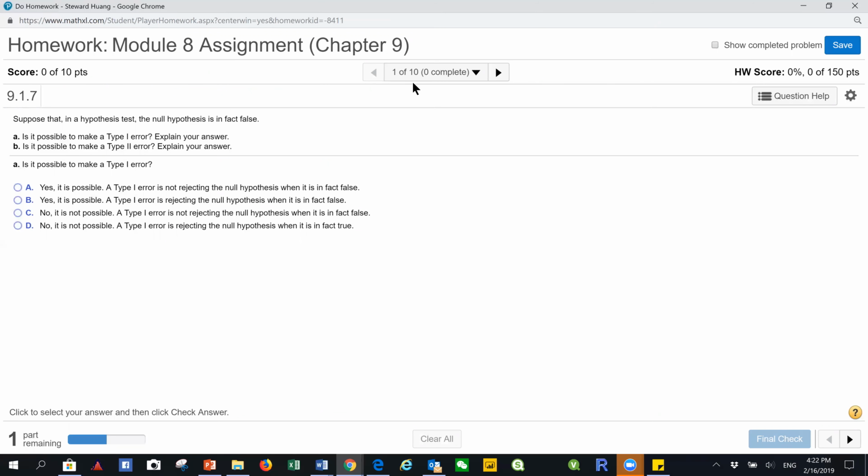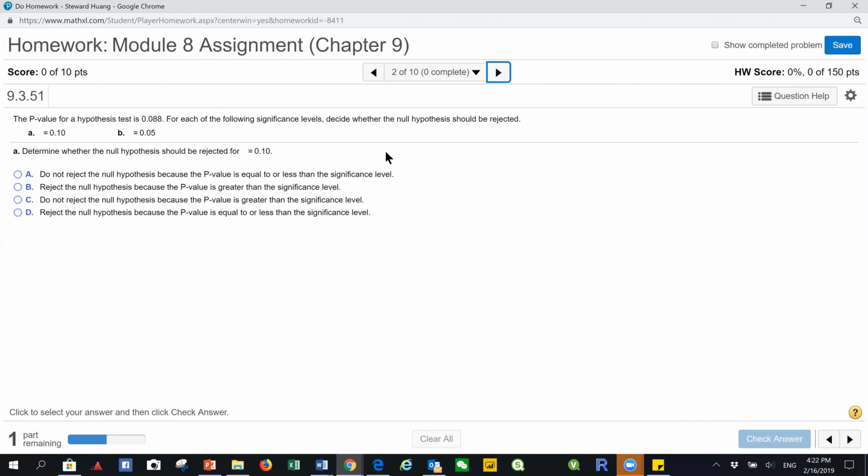All right. So I'll leave this first question to you. It is a concept question. The p-value is this much, so should the null hypothesis be rejected, why or why not? For A, you compare this with alpha, and this is less than alpha, so you have sufficient evidence to reject.